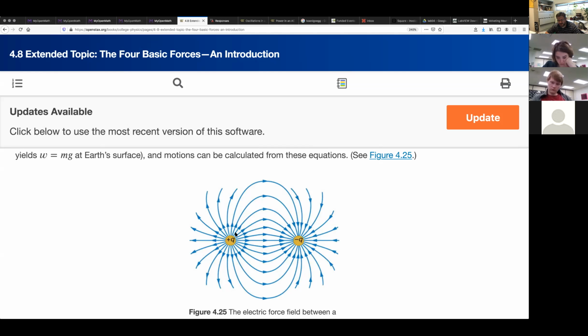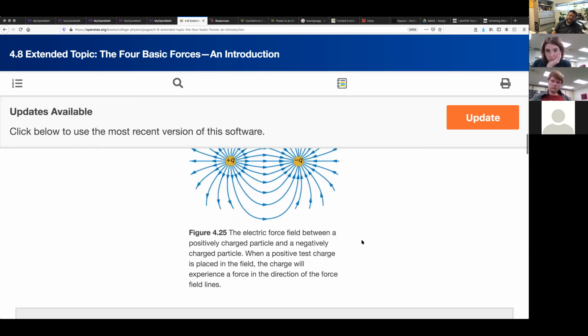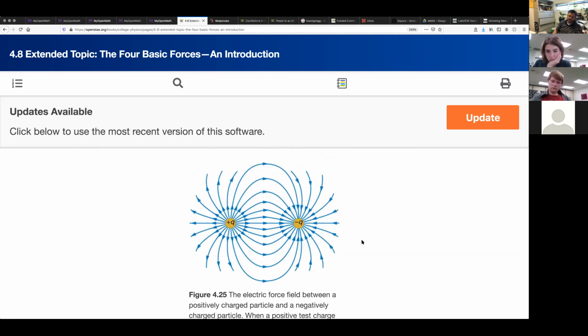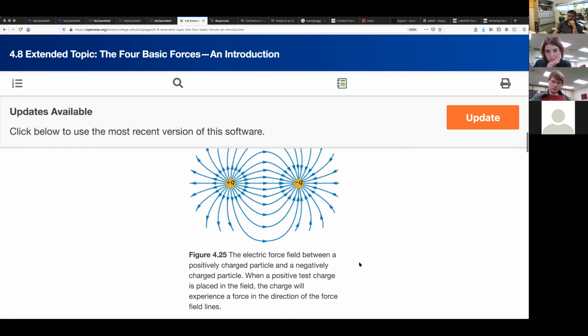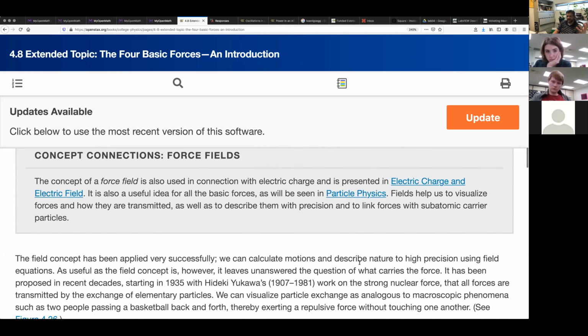Those ones require a certain set of circumstances and a fair amount of proximity. They have to be really close, and it may even be contact forces. We're not even sure. But this idea of reaching out and exerting a force at a distance brings up the idea of force fields, where this field of possible energy, possible pulling energy or pushing energy is out there.